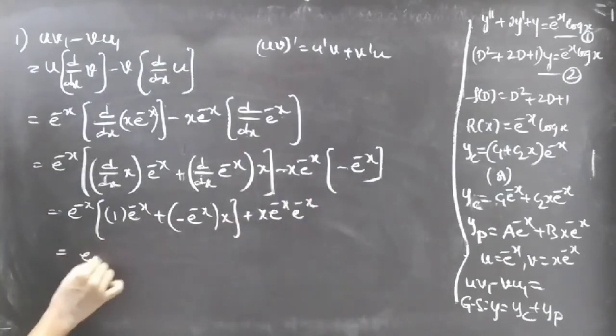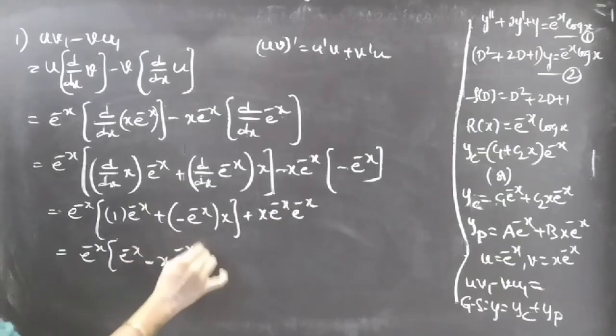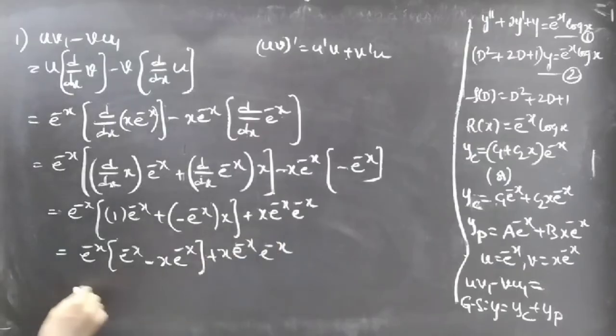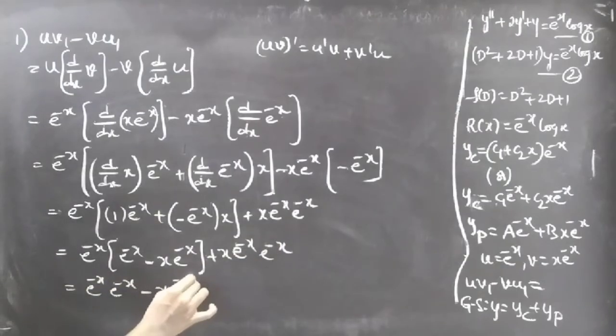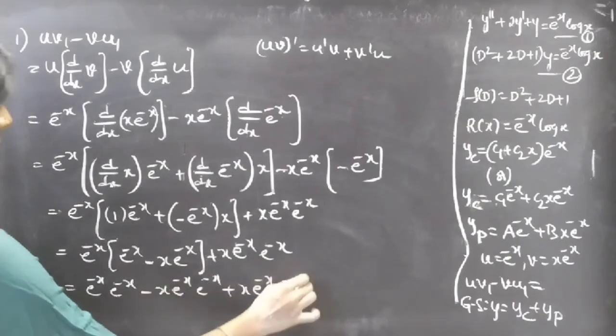This gives us e power minus x of e power minus x minus x e power minus x plus x e power minus x e power minus x, right?